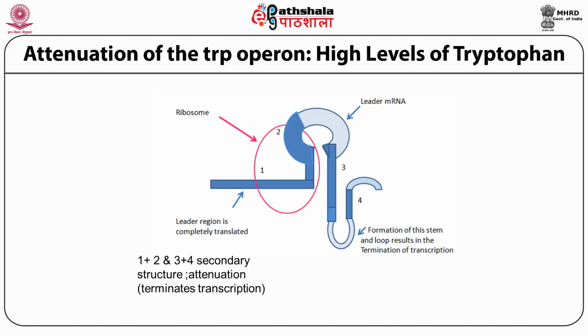The base pairing is prevented between region 1 and region 2 of the leader sequence, and the base pairing is facilitated between region 3 and region 4 to form a region 3 region 4 stem loop, which acts as a transcription terminator.